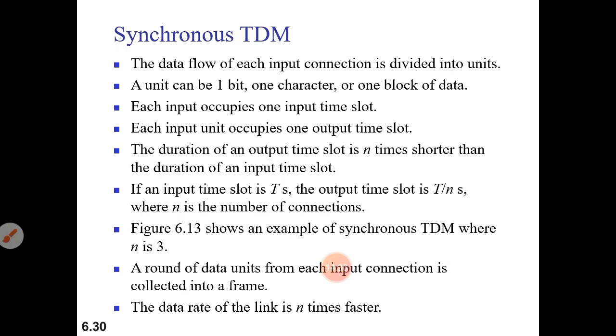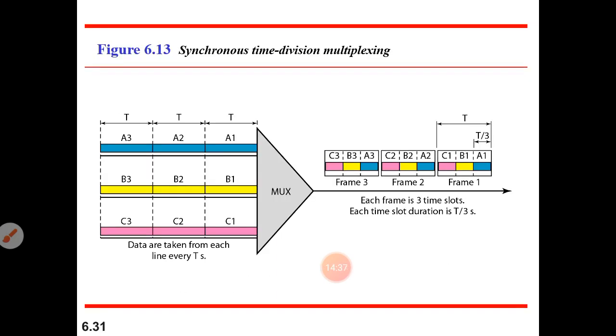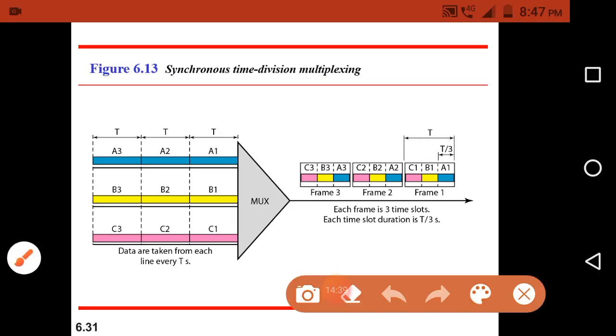A round of data from each input connection is collected into the frame, and the data rate of the link is n times faster. As I told, the time we have to allocate for a data unit here is T. We take A3 as one data unit, and the time allocated for it is T. So what is the output time we have to allocate for that particular data unit A3?